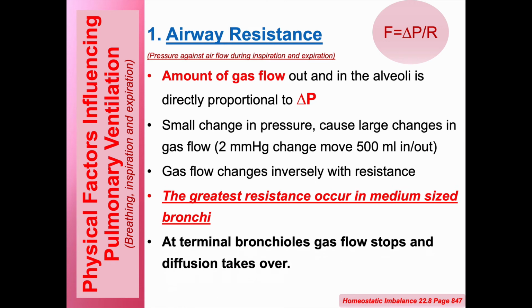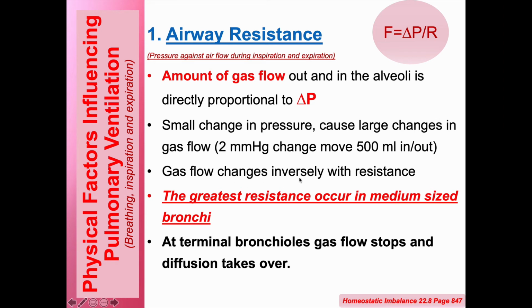Now coming to airway resistance. What are the physical factors influencing pulmonary ventilation? One is airway resistance. The amount of gas flow into the alveoli is directly proportional to the pressure difference. So small changes in pressure cause large changes in gas flow.